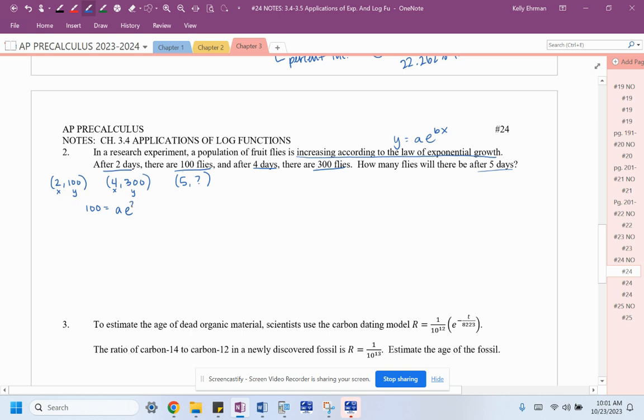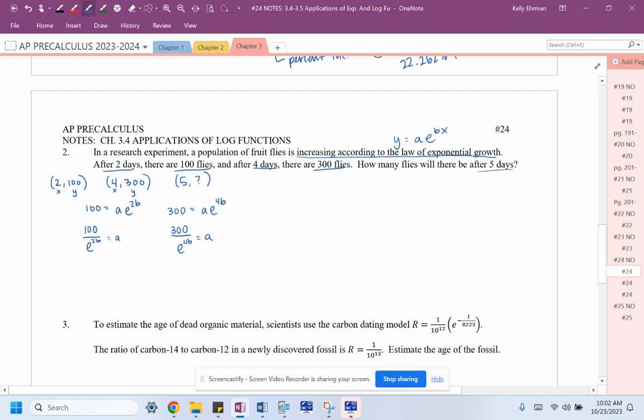So I'm going to write 2b. And the other equation is 300 equals a times e to the 4b. 4 is x. Now these two equations both have two unknowns, but we can solve each equation for a by dividing by e to the 2b or dividing by e to the 4b.